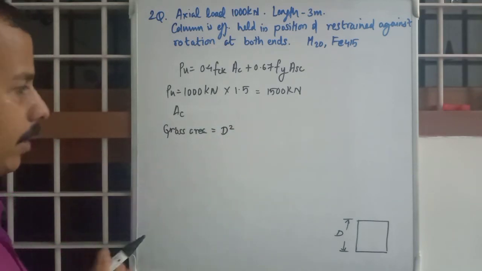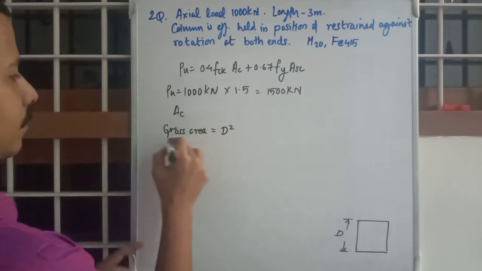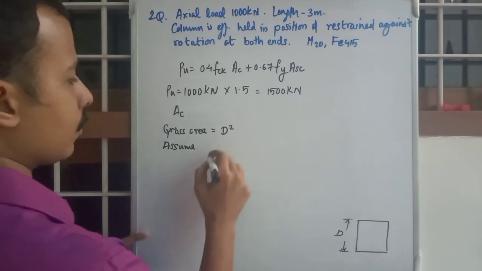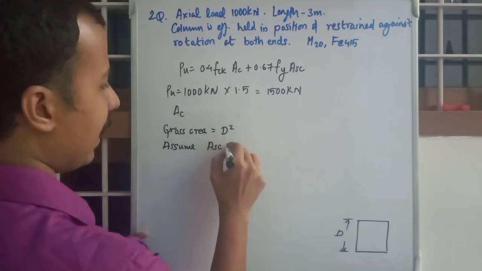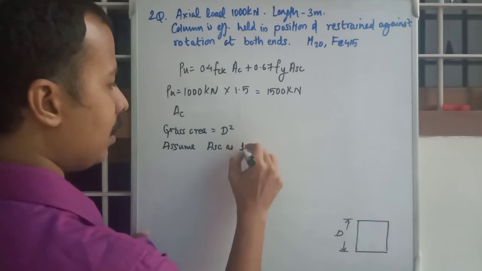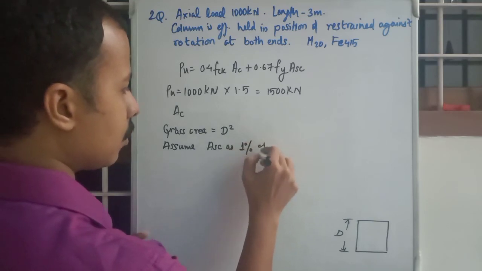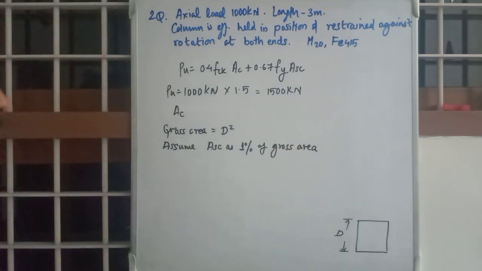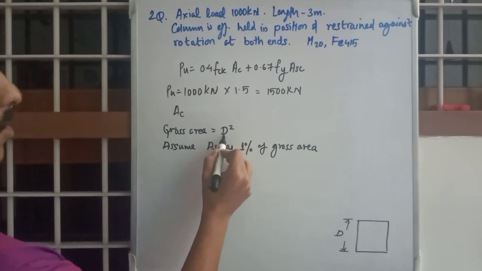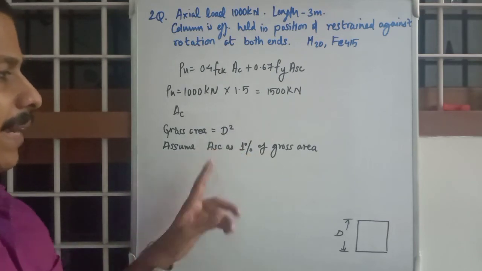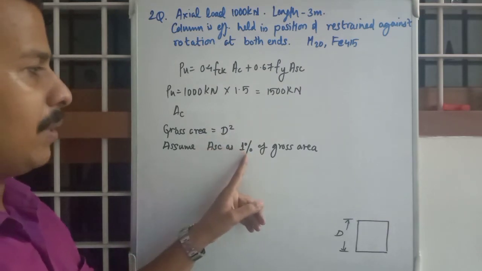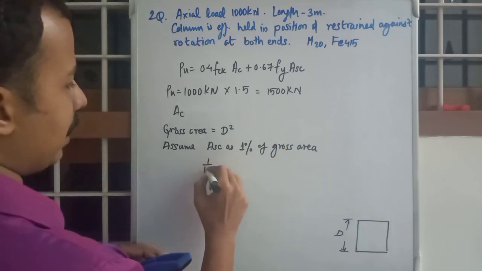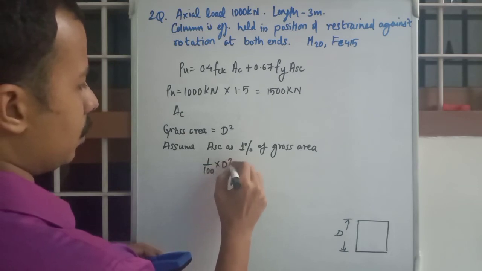And here is the point. We are assuming that the area of steel ASC is 1% of the gross area. The gross area is D square, so ASC is 1% of D square, that is 1 by 100 into D square.